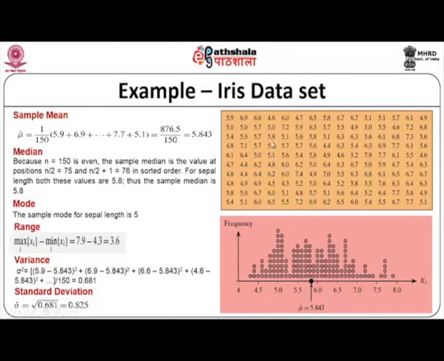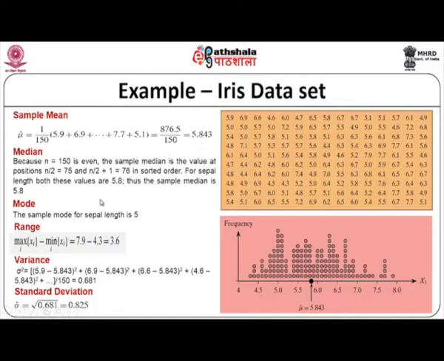For this single attribute, the sample mean will be the sum of all these values divided by the total number of samples. So it is 5.9 plus 6.9 plus 6.6 plus 4.6 till 5.1, the whole divided by the total number of samples, 150, which is approximately 5.843.